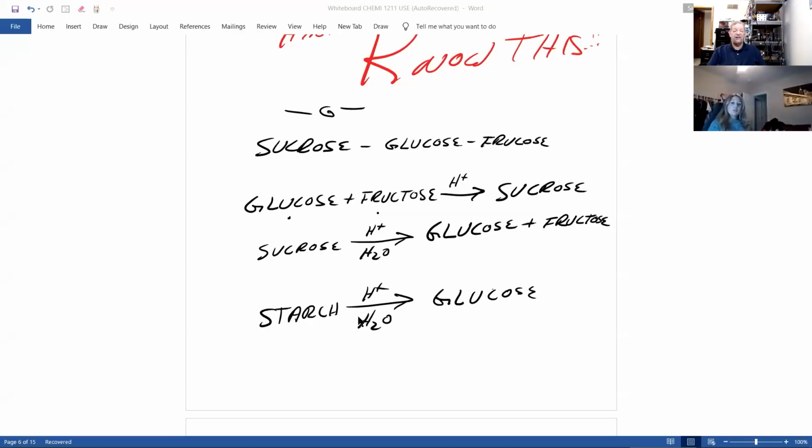So what does that mean when those food companies replace the fructose with sucrose? Well, what it means is when you eat sucrose, in your stomach you're making fructose and glucose.